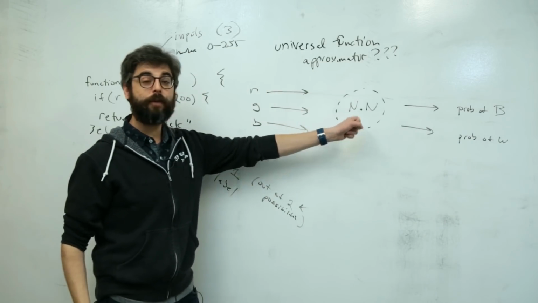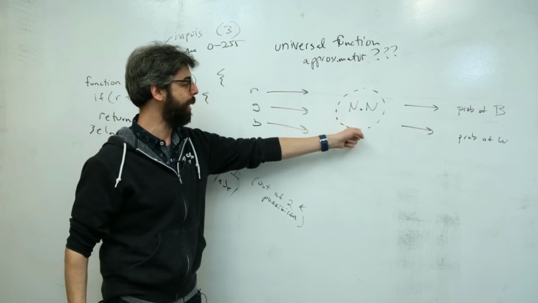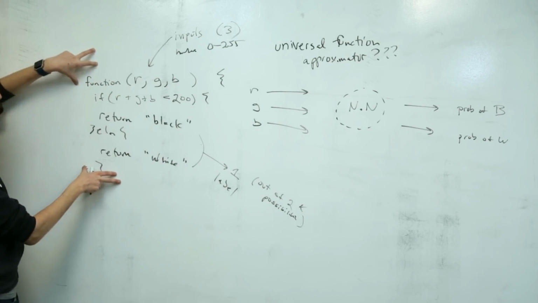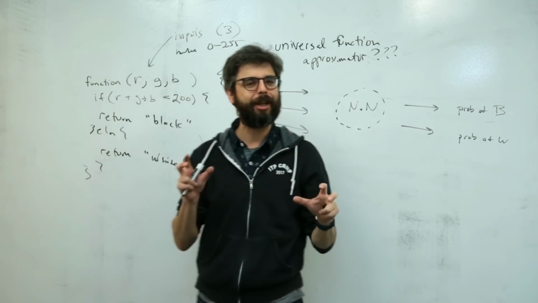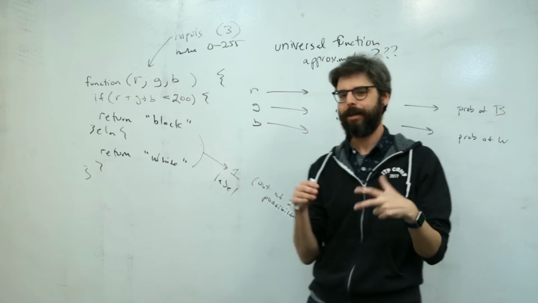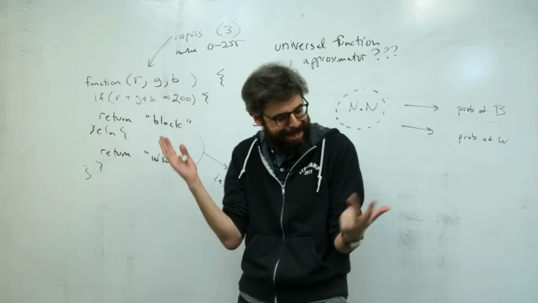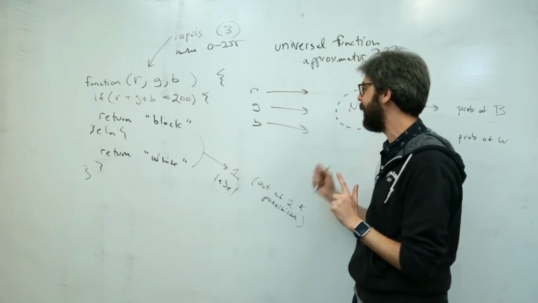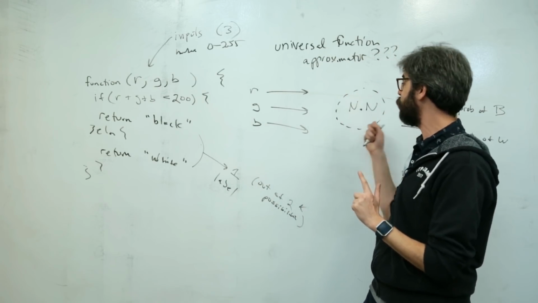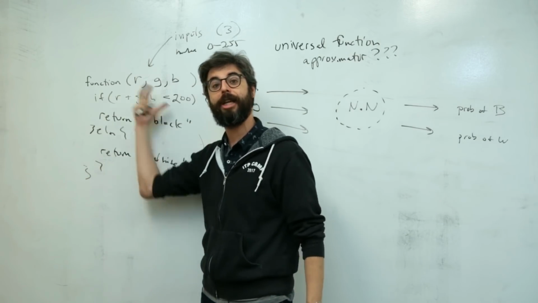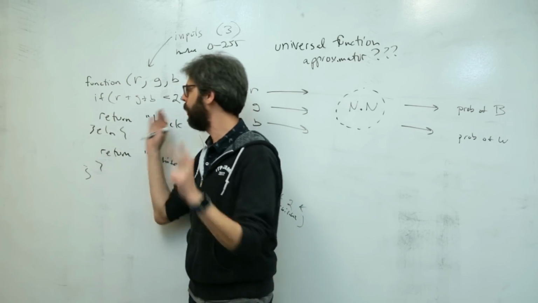This is now a universal function approximator. Will machine learning replace the need to write code completely at some point? Maybe. But here, what I would make the case is that machine learning, a neural network, might replace the guts of a function that you might hard code otherwise.